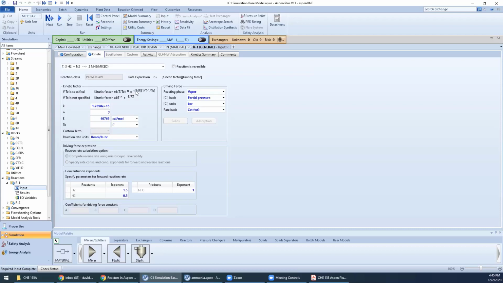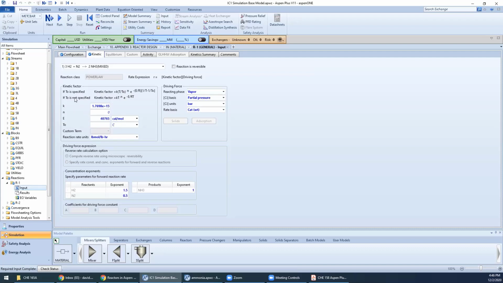Because your exponential activation energy is E, you have your reaction order N, or an associated reaction order. And if it's 0, then this expression just goes to 1. T over T naught to the N power, or T over T naught to the 0 power, is going to be 1. So then it just cancels out.